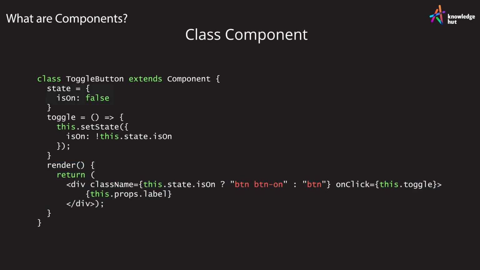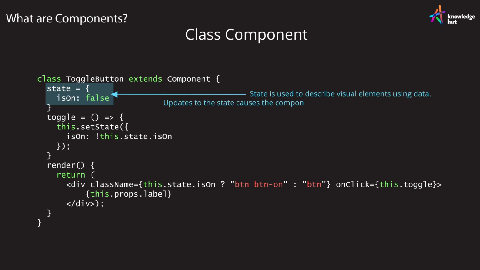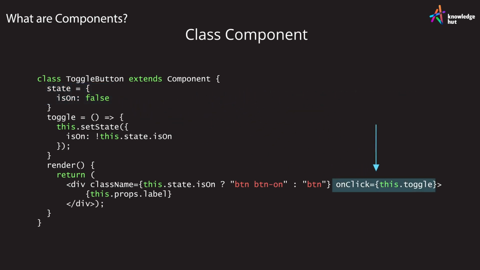Components may also include state, which we'll examine in detail later in this course. Stateful components describe visual elements with data. As you change and modify this data, the component automatically re-renders to reflect the change. If your component features a visual element that the user can interact with, such as buttons or other elements, then you can implement event listeners to capture user interaction.